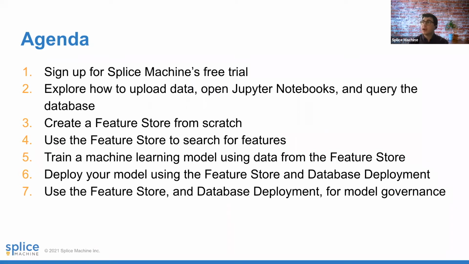I'm going to show you how to upload data to the database, open Jupyter Notebooks and query the database. Then I'm going to show you how to create a feature store from scratch, from the beginning, all of the steps, raw database to feature store. Then we're going to use that feature store to search for machine learning features. We're going to train a machine learning model using those features.